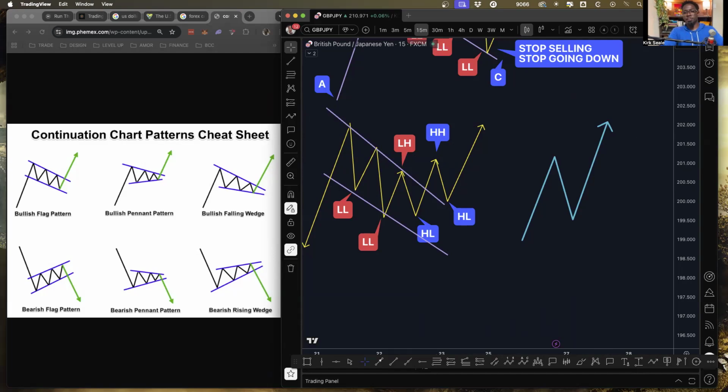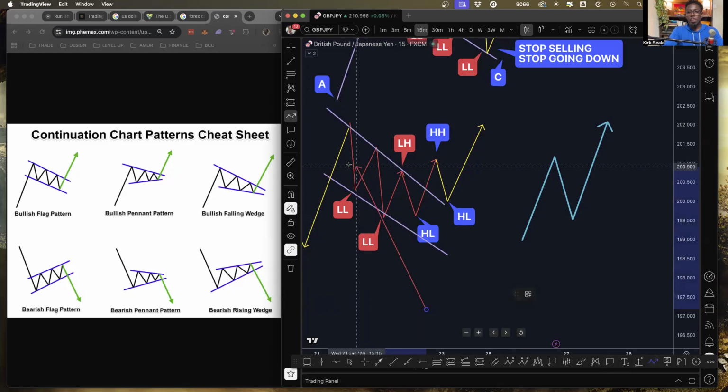Awesome. So we are trading the bullish flag pattern. I'm just making the inside of this red. We're trading the bullish flag pattern.